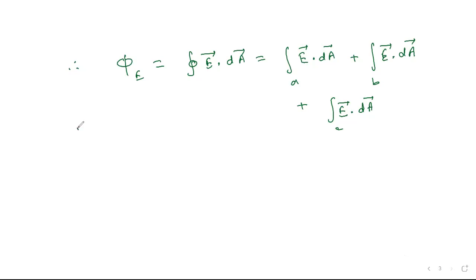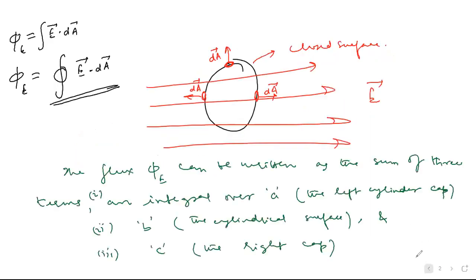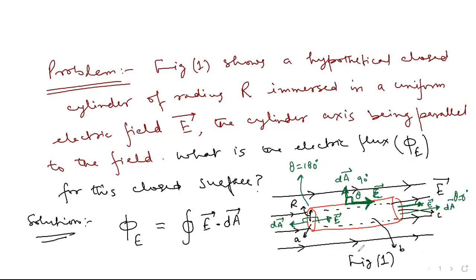Thus E dot dA for the left hand cap, that is A, is just E dA cos 180 degrees, cos 180 degrees is minus 1, and you can take this E outside because E is constant over the whole left hand cap because E is uniform.